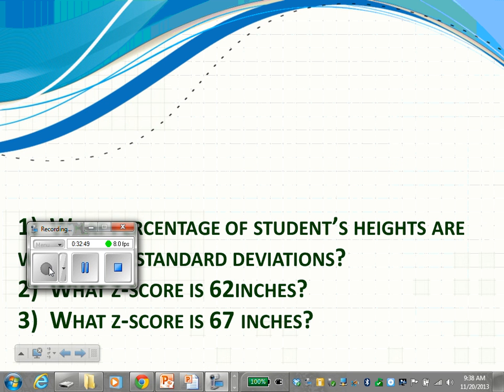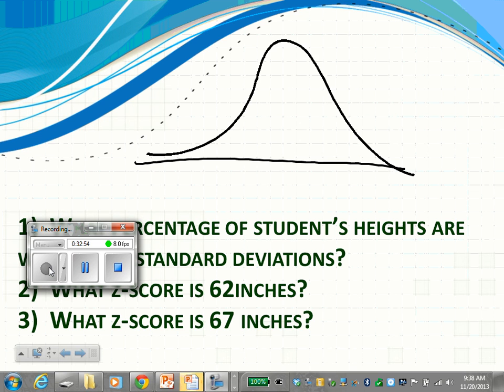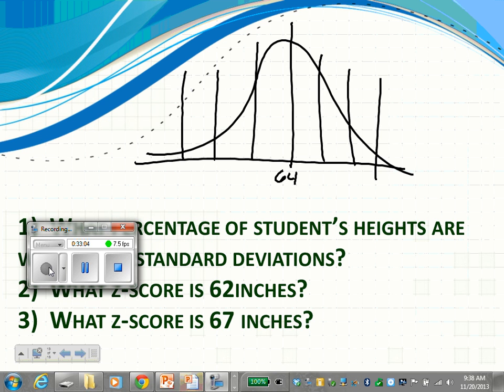So go ahead and draw a bell curve at this time. Don't worry about the questions real quick. If I'm going to draw this, in the middle is our mean, which is 64. You have 3 to the right and 3 to the left. So how big is my step? 2. How do you know that? That is your standard deviation.